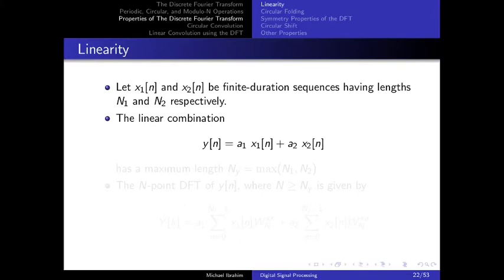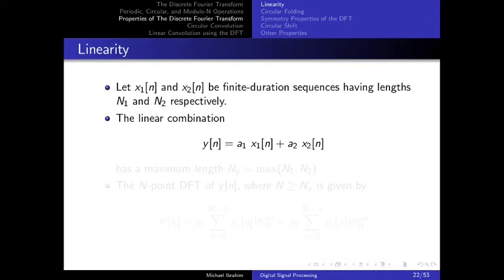In MATLAB, if you try to add two sequences of different lengths, you will get an error. So the first step, you need to make sure they have the same length by adding zeros, by zero padding. So let's assume x1 has a length 5 and x2 has a length 8. So we need to add 3 zeros at the end of x1 to do zero padding to x1 to make sure its length is 8, equal to the length of x2.